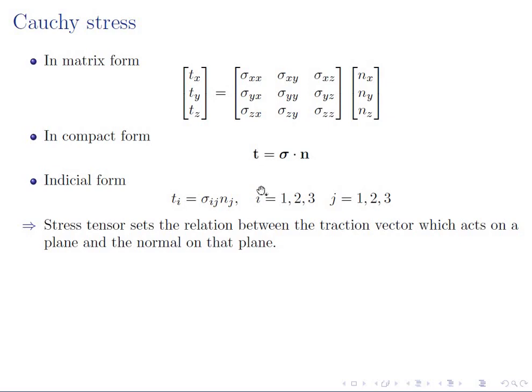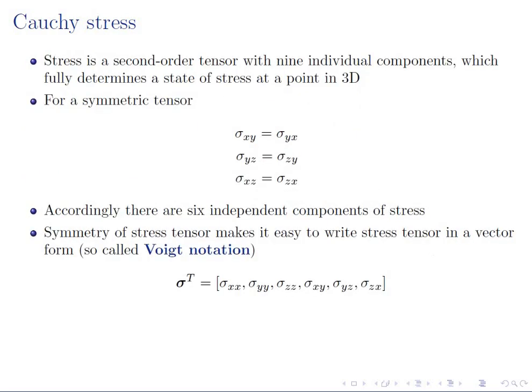I can simply say that the stress tensor sets the relation between the traction vector which acts on a plane and the normal to that plane. For a three-dimensional body, the stress tensor is composed of 9 different components, and if there is symmetry, we will have 6 independent stress components which fully define the state of stress at a point.